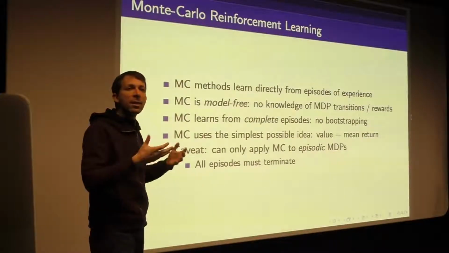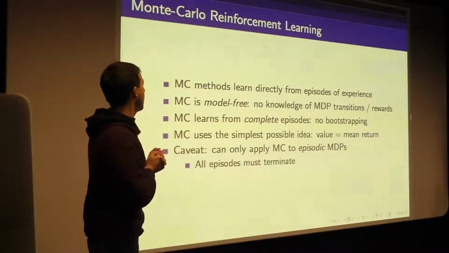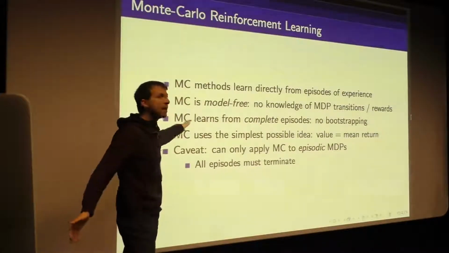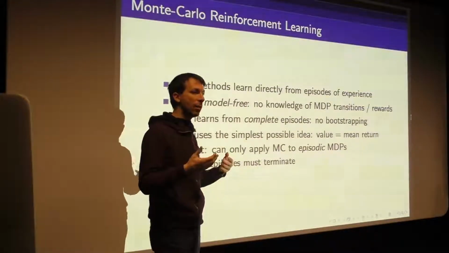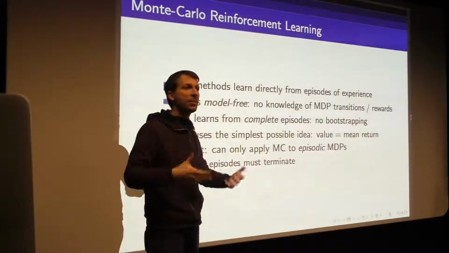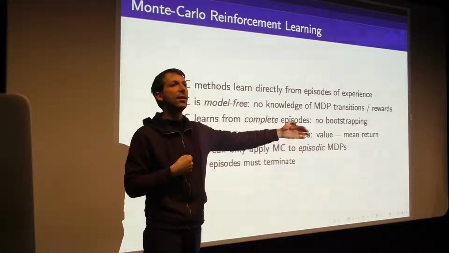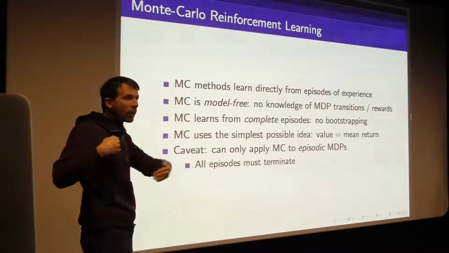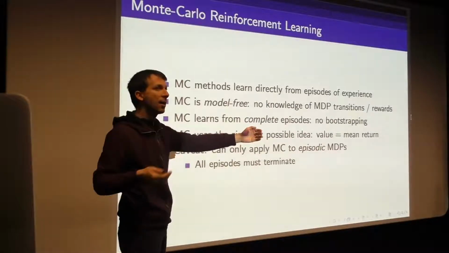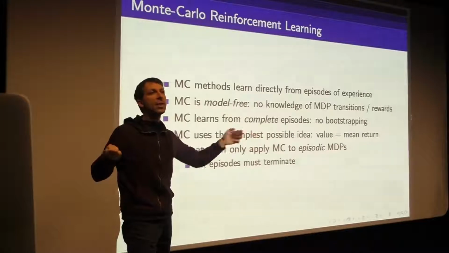So we don't need knowledge of the MDP transitions and rewards, so this is model free. And what we're going to do is look at complete episodes. So this is really suitable for episodic tasks where you start, it's like a game or something. You start at the beginning of your game and you play for some number of steps, and then the episode always finishes, always terminates. And we're going to use the simplest possible idea to estimate the value function, which is just to take sample returns.